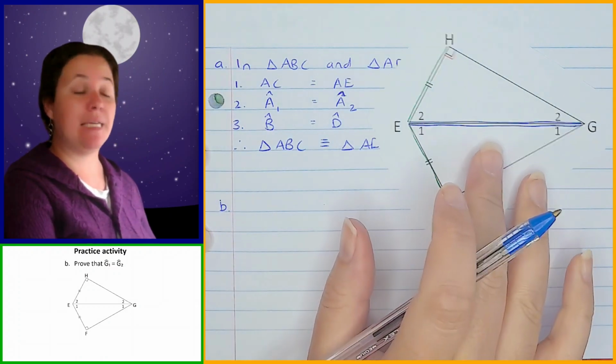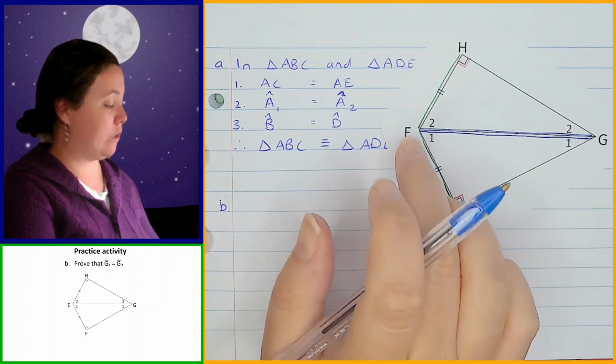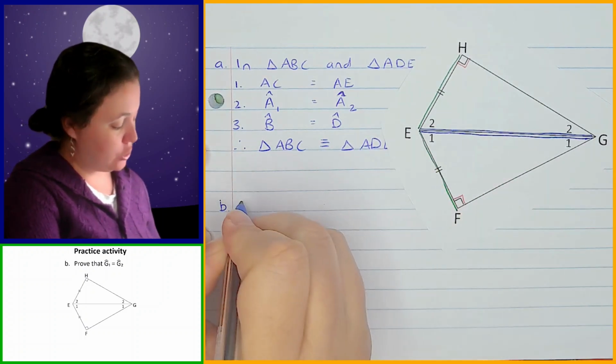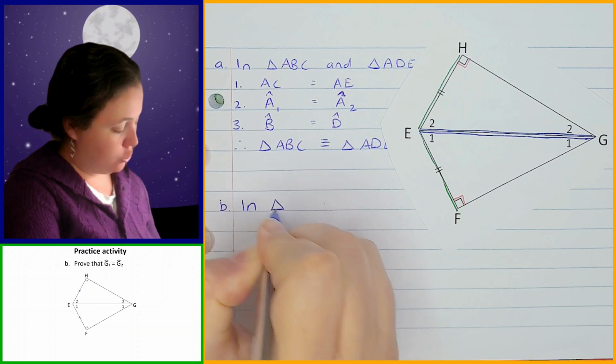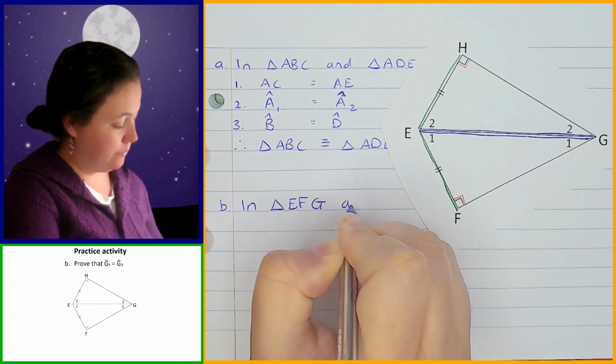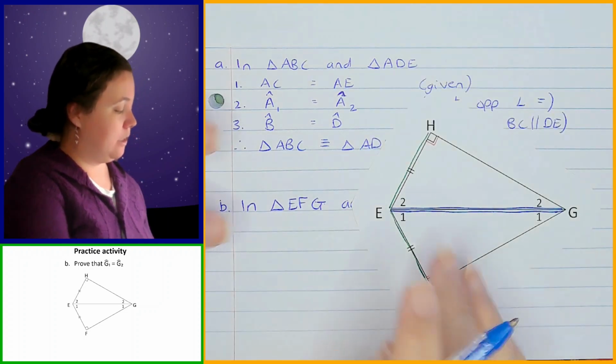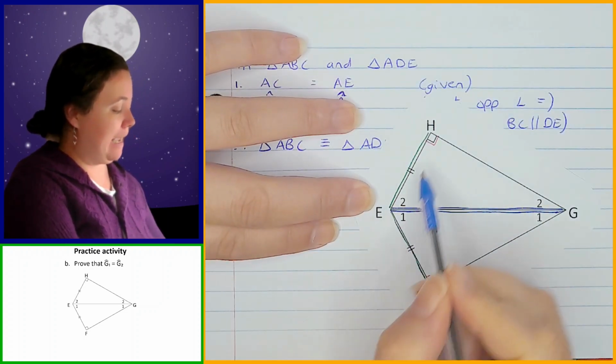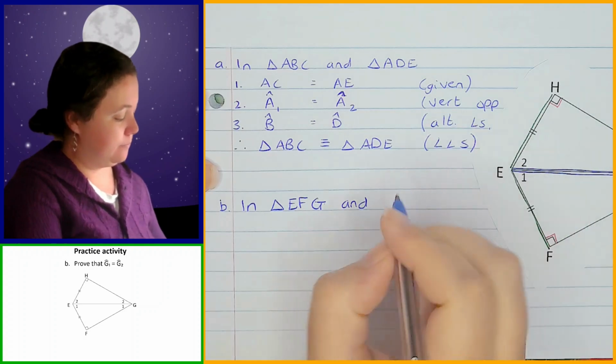So I'm going to start off by stating which triangles I'm working with. So I've got triangle EFG and triangle EHG.